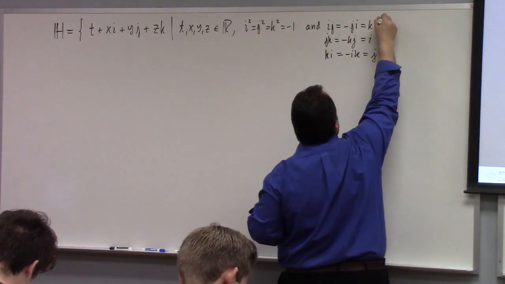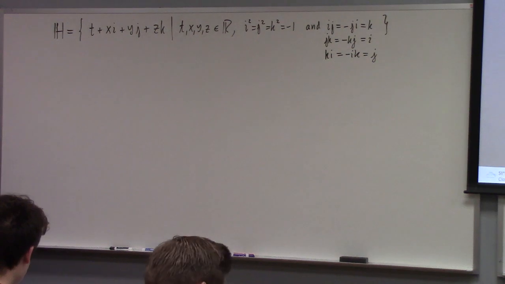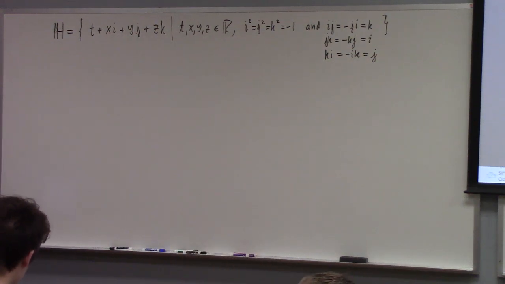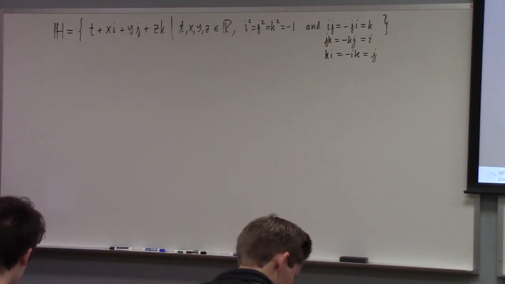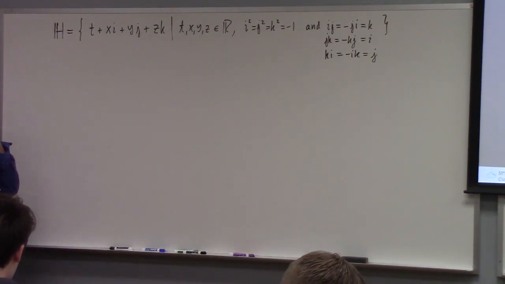Now, this description I just gave is by no means minimal. You can define the quaternions in a much less clumsy way than that, but that's pretty much everything you want to know for how to multiply them.